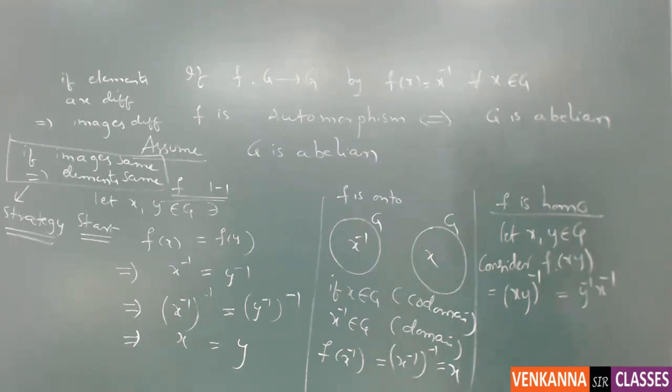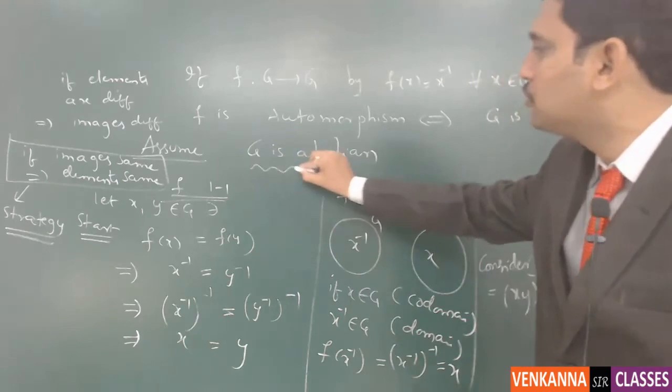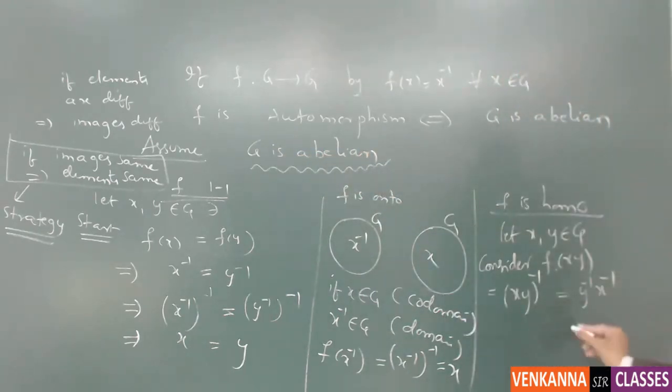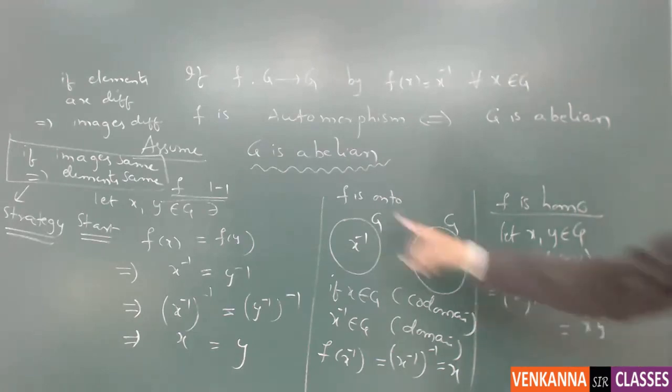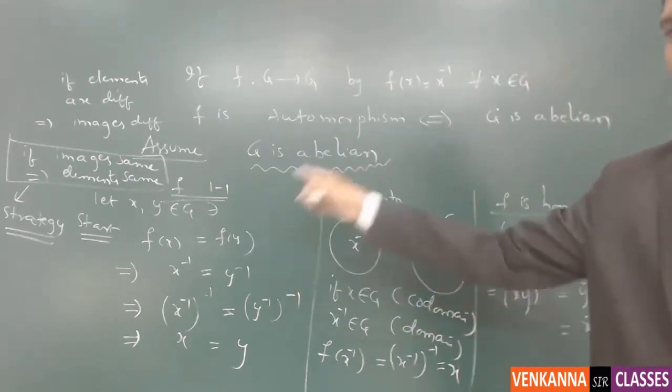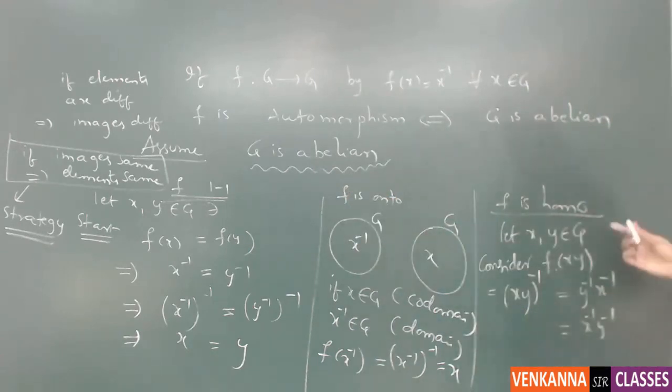Now the interesting thing is, since we have assumed that G is abelian, this is equal to x inverse y inverse. So at this part, we are making use of the abelian property. Till now, we didn't use the abelian property. Please understand, while proving homomorphism, we are making use of the abelian property. And this is nothing but f of x dot f of y. Therefore, f is a homomorphism. That's all.